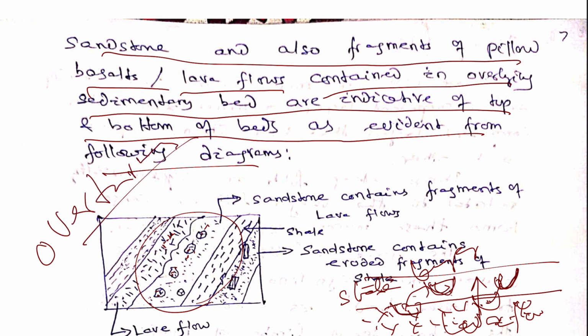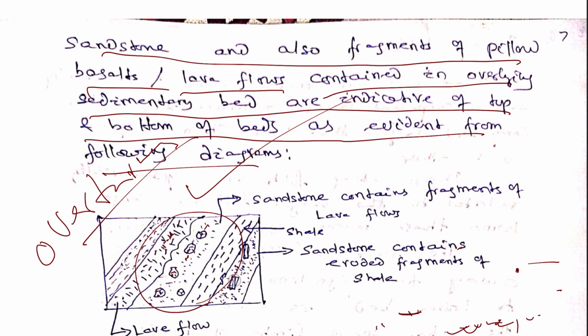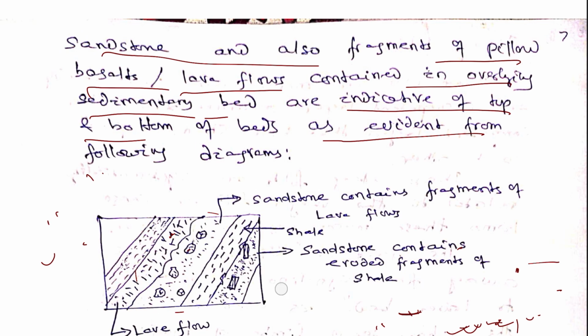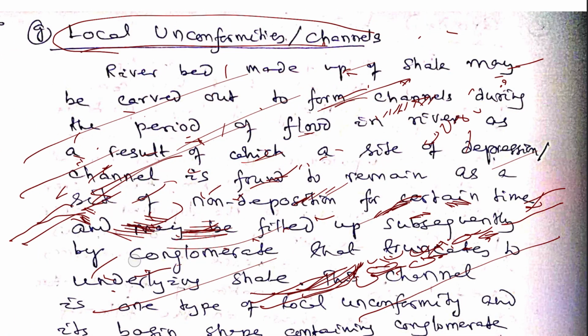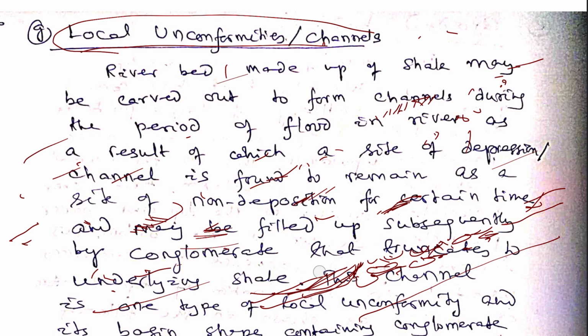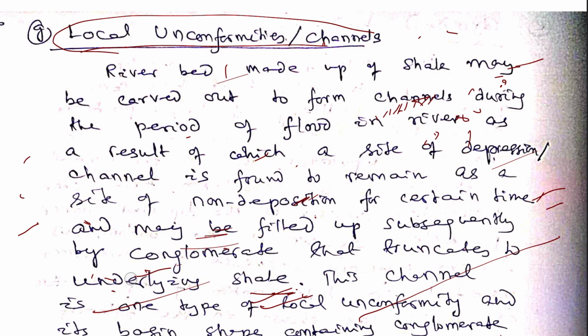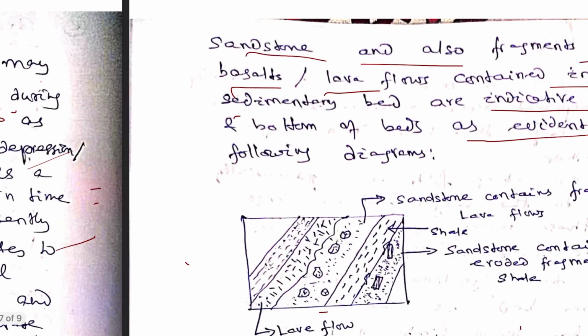The fragments of lower bed are found in upper bed in the normal condition, but if this feature is found in reverse condition, then that will indicate the overturning of beds. So by observing these features, these local unconformities or the fragments of lower bed in the upper bed, it is possible to establish whether the strata are in right side up condition or are in overturned condition.